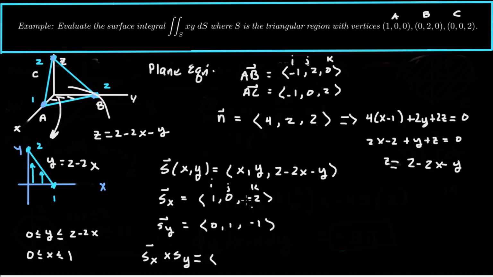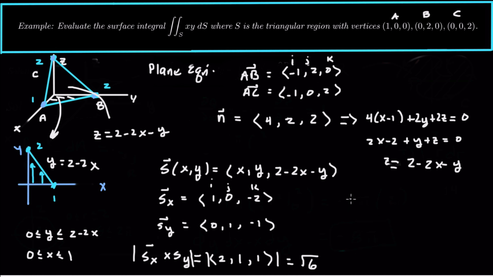Cover up i, I get -2, which is +2. Cover up j, I get -1, which is 1. Cover up k, I get 1. And then I need the magnitude to go in my integral. This is a scalar function, so I need the magnitude of this normal vector. So this is going to be the square root of 4 plus 1 plus 1, which is square root of 6.